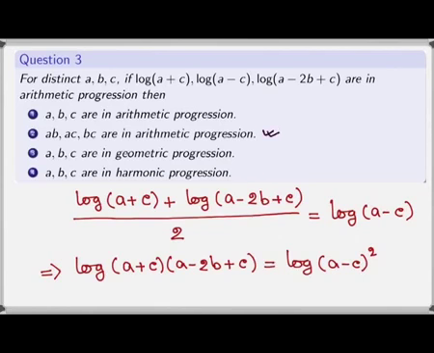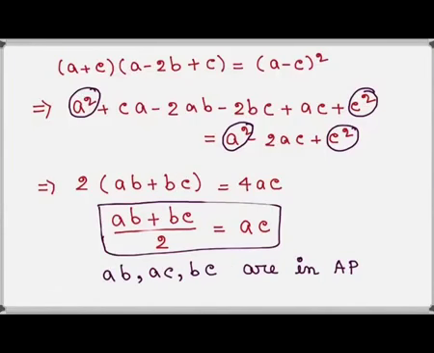Now we shall check the other options. Among the remaining options, note that only one of them can be correct, as a, b, c are distinct numbers. Here we already got that ab, ac, bc are in arithmetic progression. So we can write that (ab plus bc) divided by 2 is equal to ac.